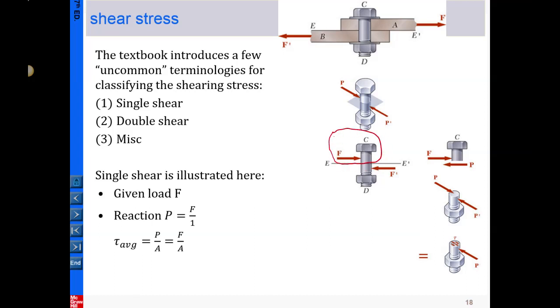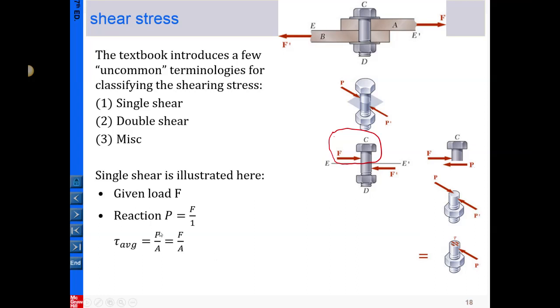So you basically transcribe all the information on the free body diagram, that is the force here. This is the reaction existing in the cross section you just newly picked, and in magnitude equal to F, in direction opposite to F, because that's the concept of action and reaction, or the concept of force equilibrium. So by this, you determine the magnitude of the force, which equals P.